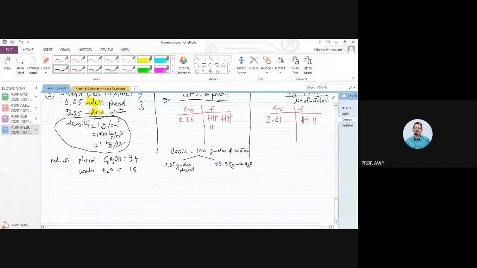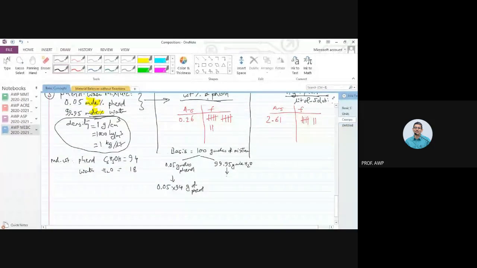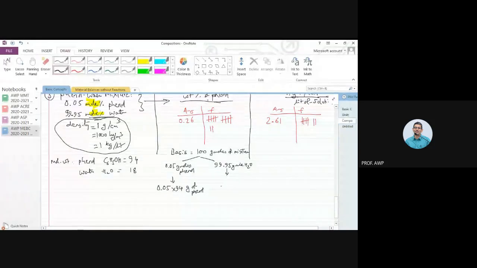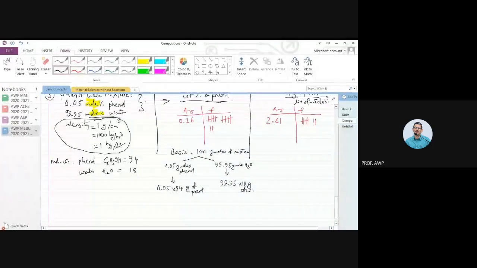So 0.05 gram moles of phenol would be 0.05 into 94 grams of phenol. 99.95 gram moles of water would be 99.95 multiplied by 18 grams of water.